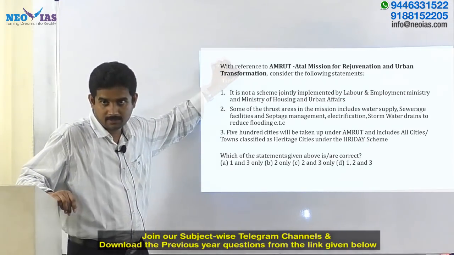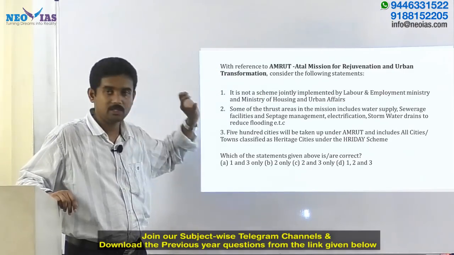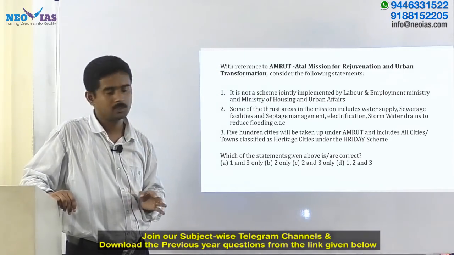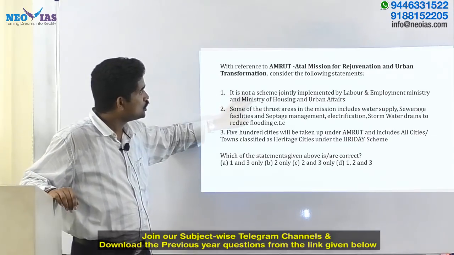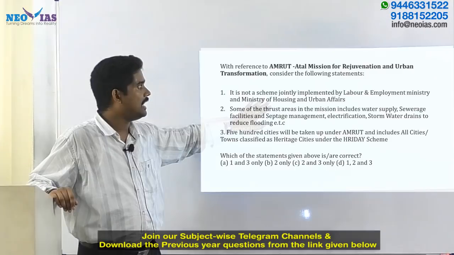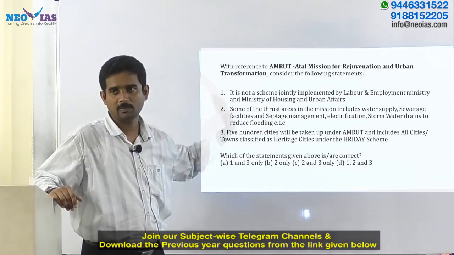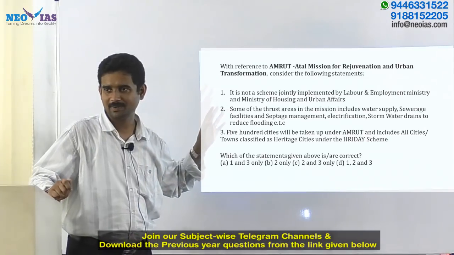With reference to Amrut, Atal Mission for Rejuvenation and Urban Transformation, consider the following statements. The first statement is: it is not a scheme jointly implemented by the Labour and Employment Ministry and the Ministry of Housing and Urban Affairs. So this is a confusing statement.